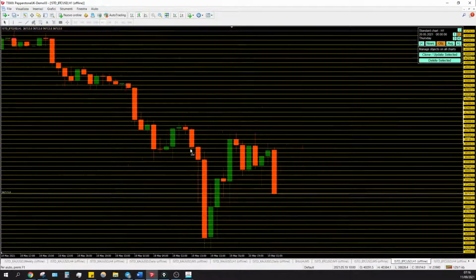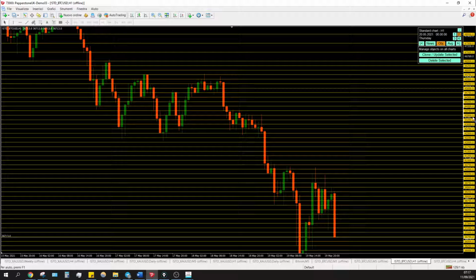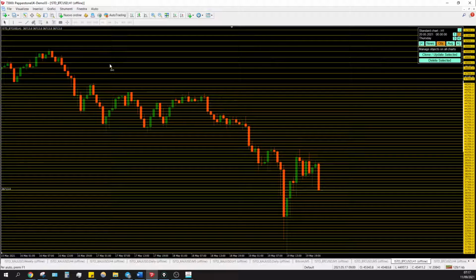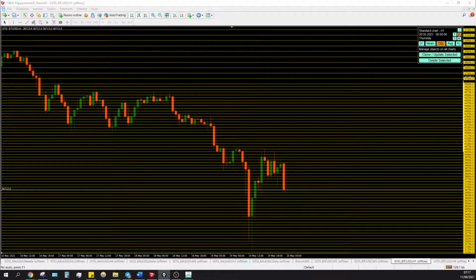There you go. So what we can see on the 20th of May is that we are starting the day in a very strong bearish trend line.